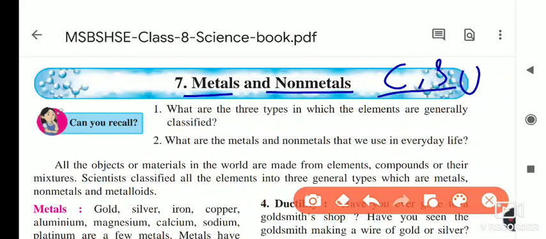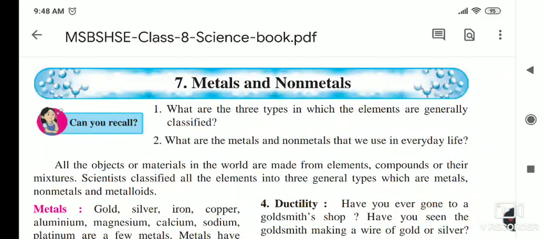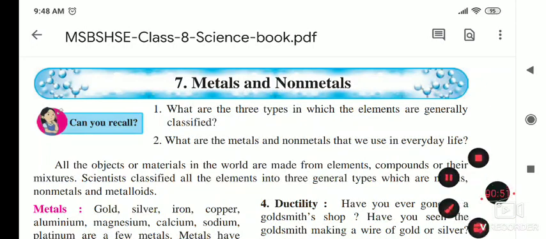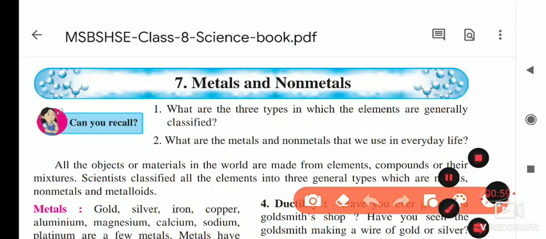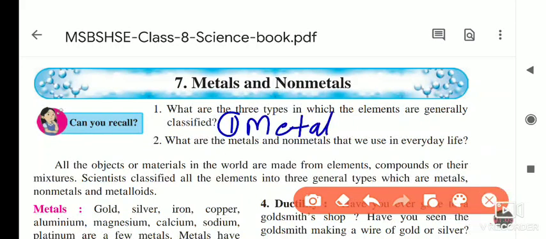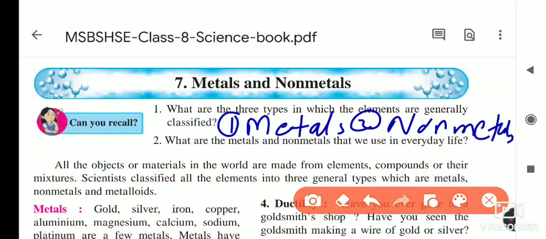Now, what are the three types in which elements are generally classified? So these three types are: first, metals; second, non-metals; and third, metalloids.